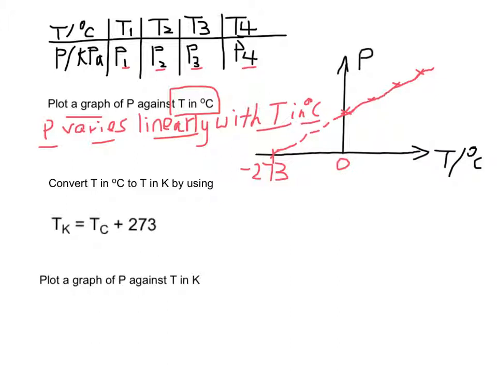Now we convert the temperature in degrees Celsius to temperature in Kelvin. By the conversion, Tk, the Kelvin temperature, equals the Celsius temperature plus 273.